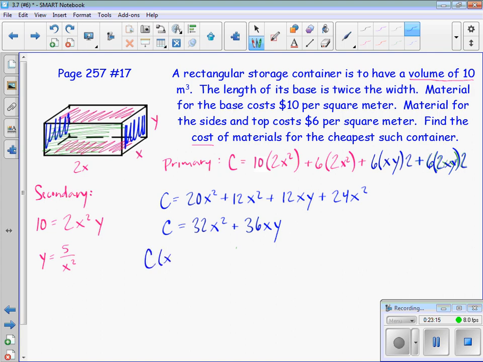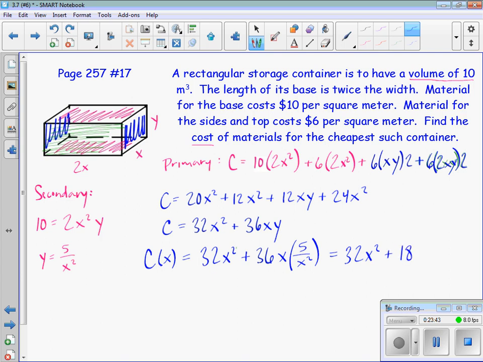So my cost in terms of x is 32x squared plus 36x, and instead of y, we put this in there. What's 36 times 5? 180, right?